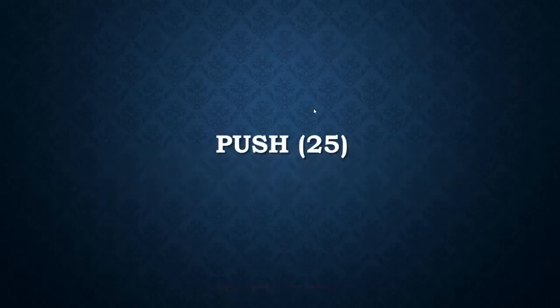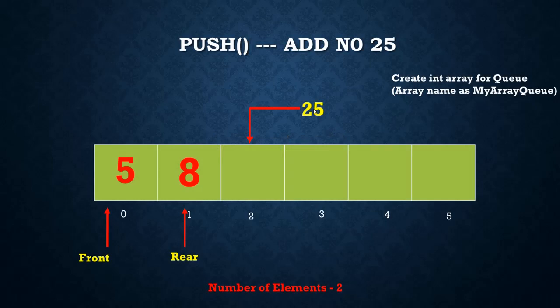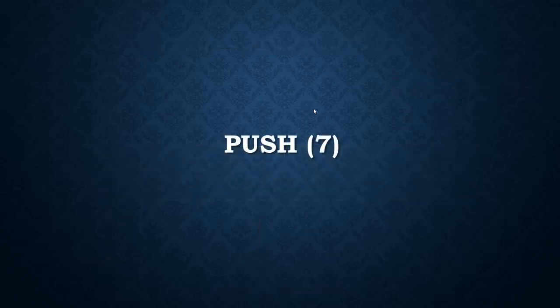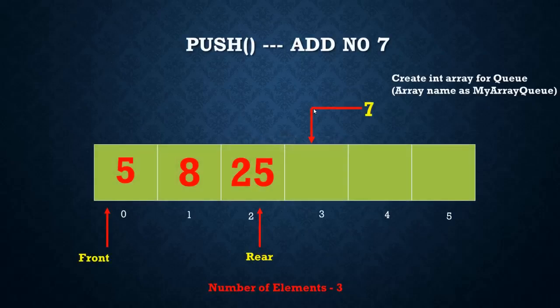Again, I want to add 25. So I'm going to add after the rear element. Now 25 will be the rear element or last element. The number of elements will increase to 3. I want to add another element, 7. Yes, it will be added after 25.